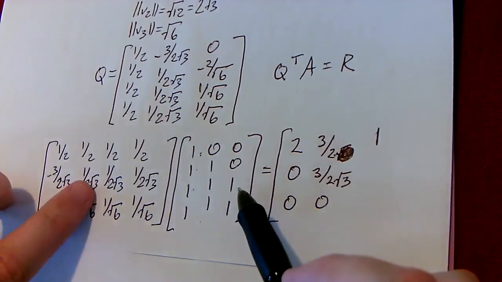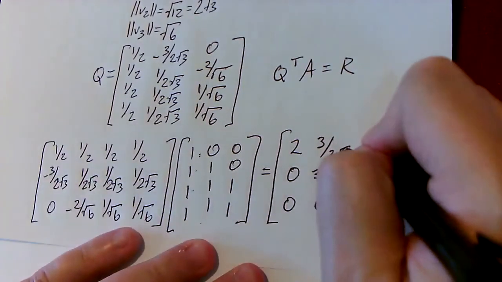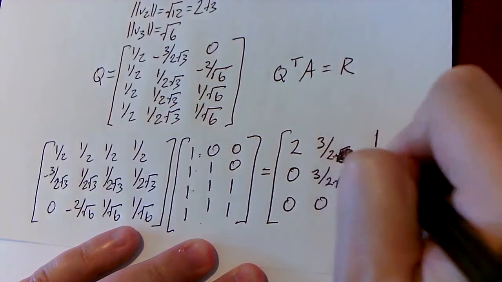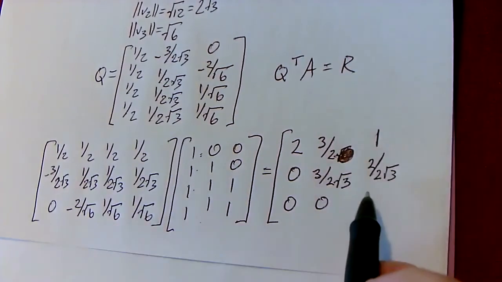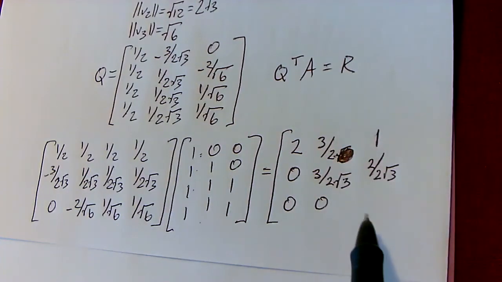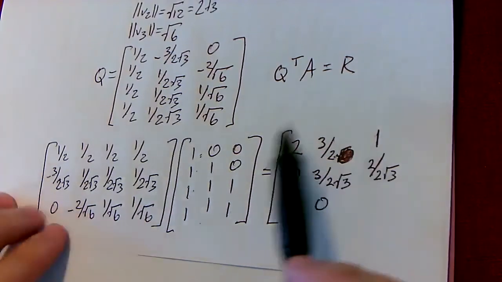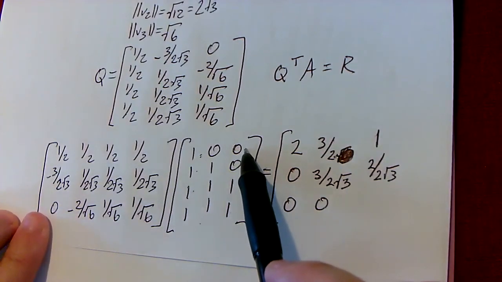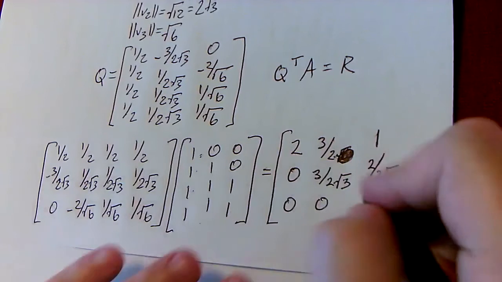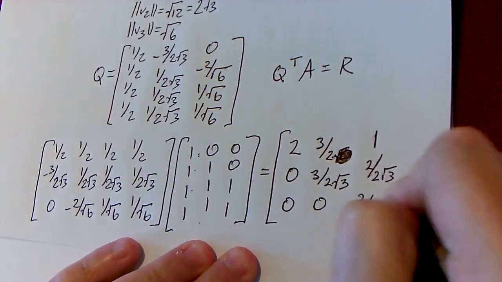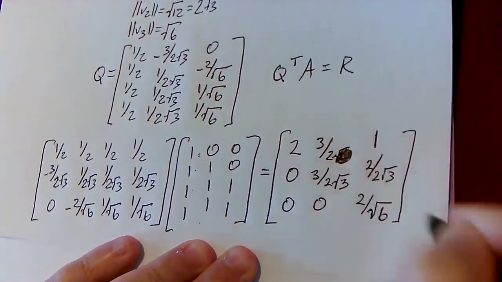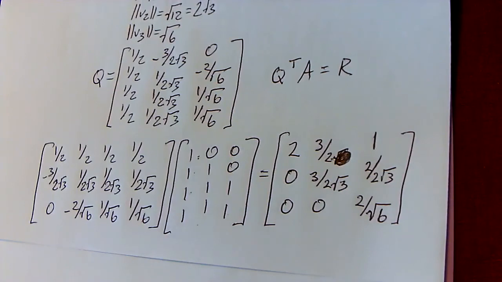Then 0, 0, 1, and 1. So I'm going to get 2 over 2 square roots of 3, which we could simplify by dividing the 2's. I'd get 1 over the square root of 3. And then the third row, third column, 0, 0, 1, and 1. So I get 2 over the square root of 6. And there is my matrix R.